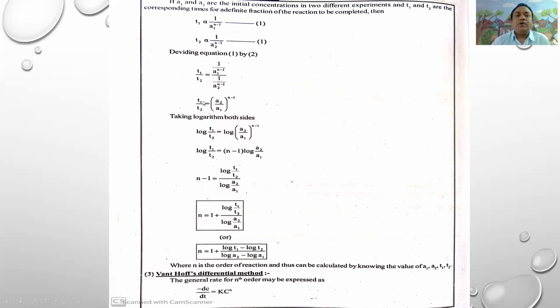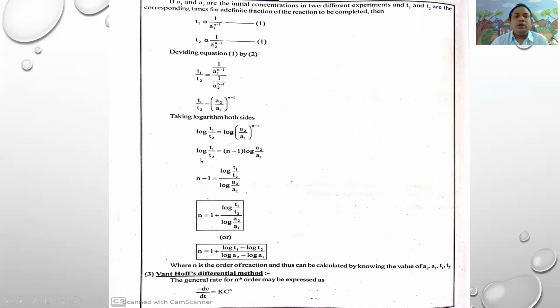That implies t1/2 by t2/2 equals A2 by A1 whole to the power of n minus 1. Taking logarithm on both sides, log of t1/2 by t2/2 equals log of A2 by A1 whole to the power of n minus 1.